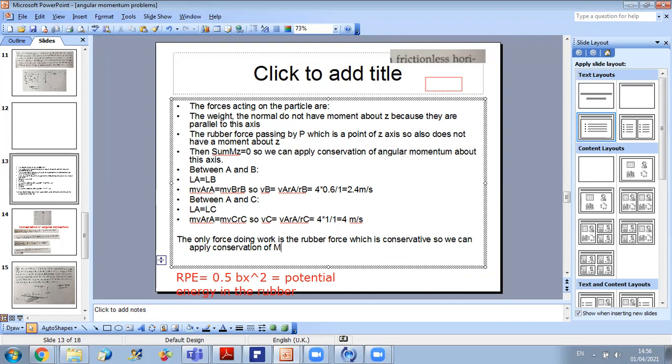And here do we have any gravitational energy?